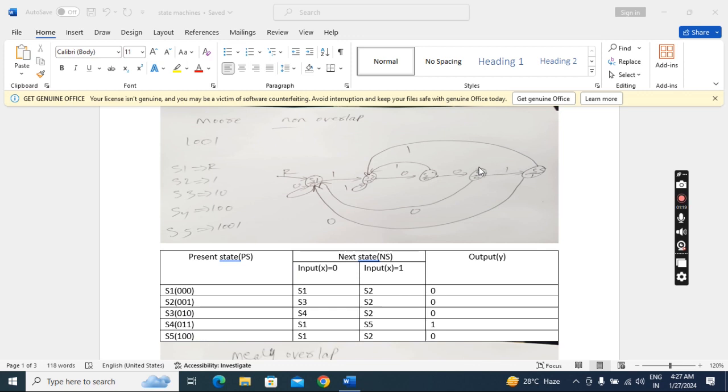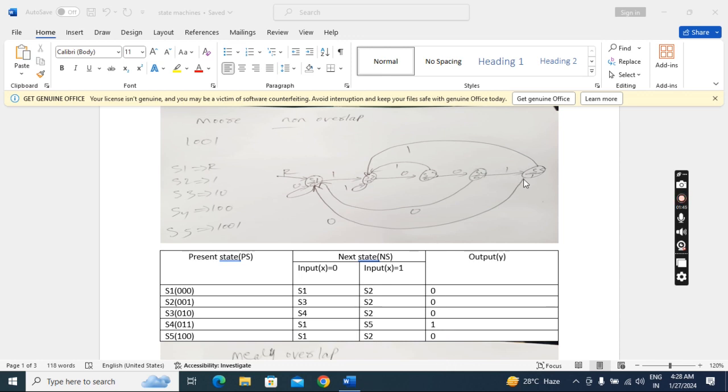Suppose the present state is S4; when input is 1, I am going to S5. That time the pattern is detected, no? So I have to write 1 here. So in Moore, at output only one place we can get 1. If this is 1, all others we can blindly write 0.